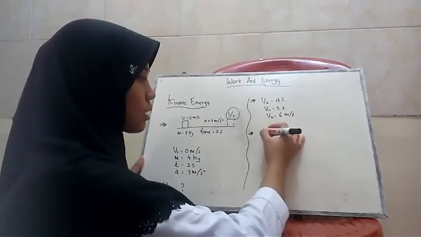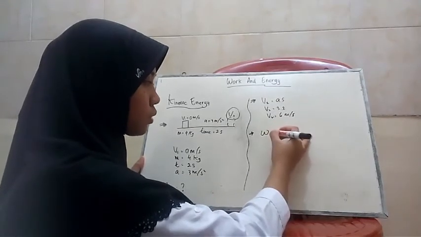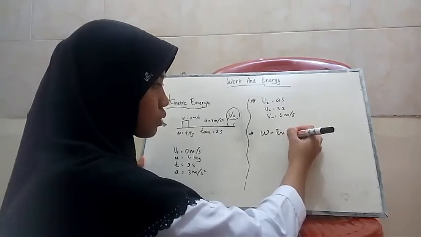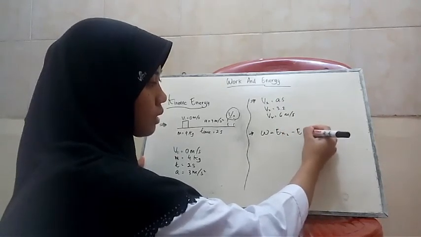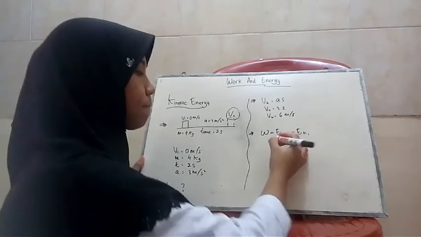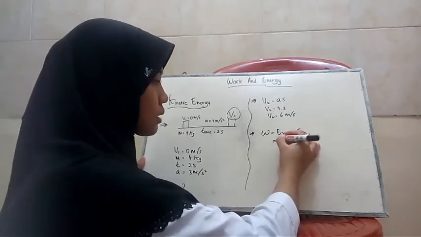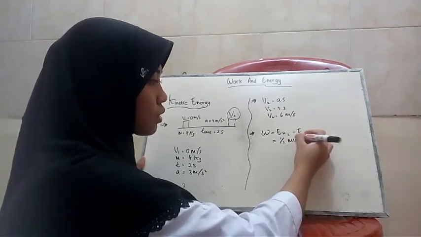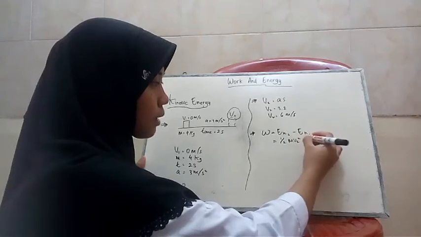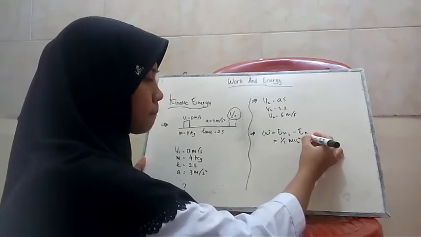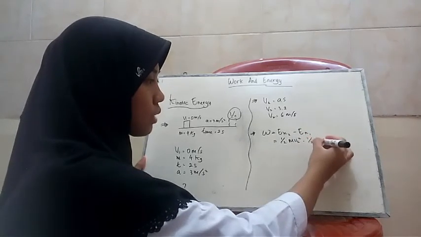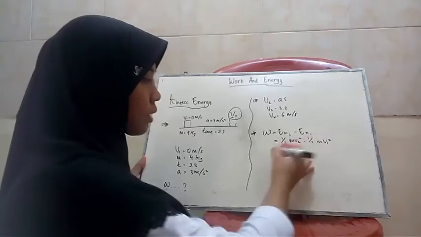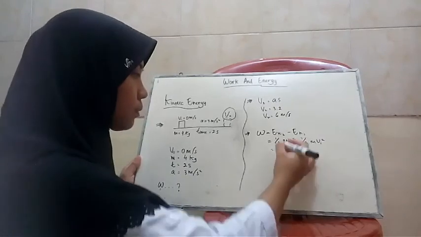The formula is W equals kinetic energy 2 minus kinetic energy 1, equals 1 divided by 2 m V2 squared minus 1 divided by 2 m V1 squared.